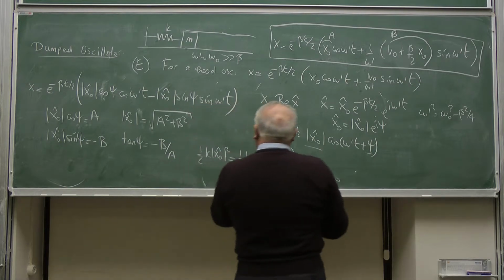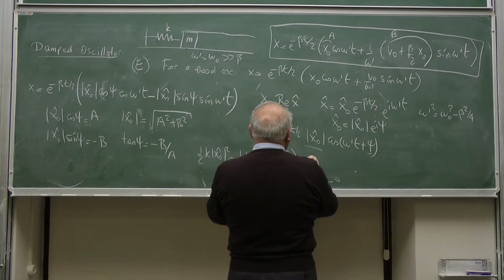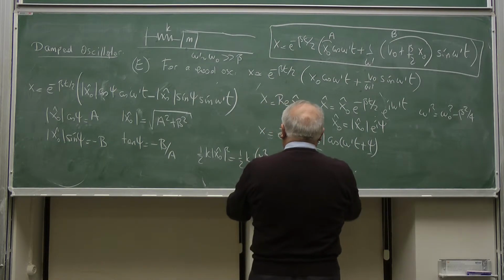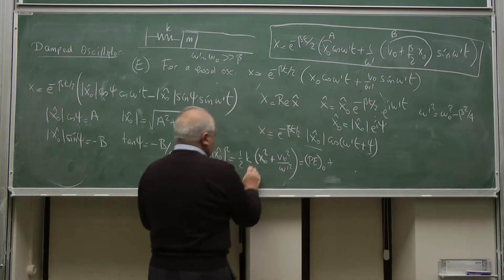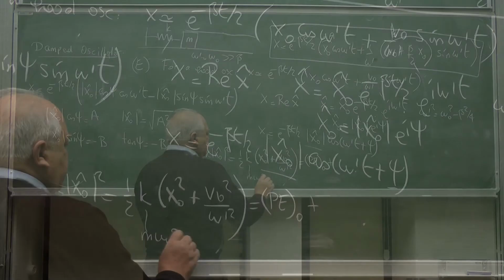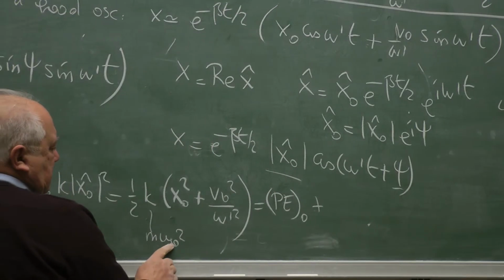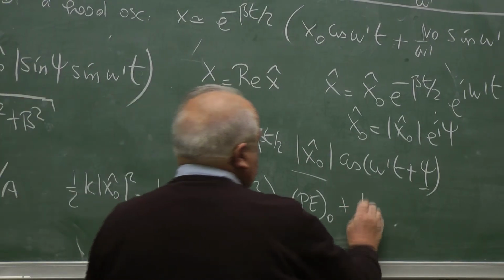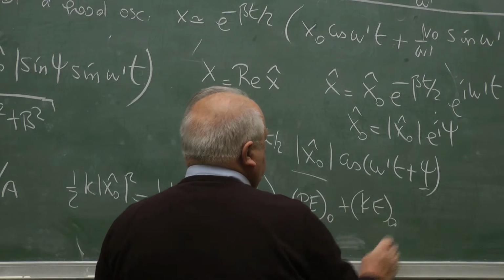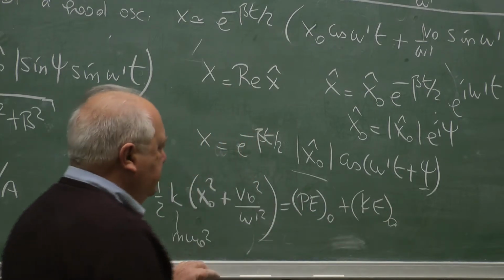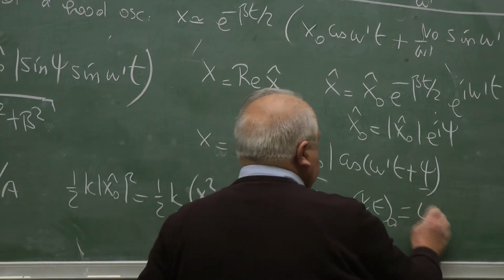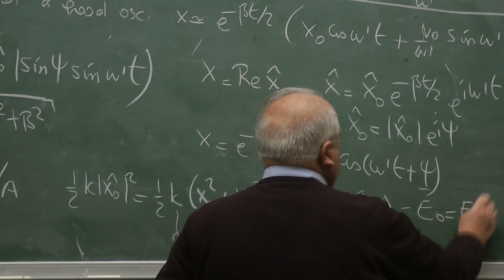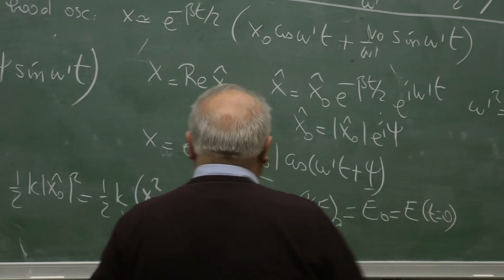So the first part, 1/2 k x0, is the initial potential energy at time equals 0, plus k is m omega 0 square. So we can cancel omega 0 square, omega prime. So it is kinetic energy 0, 1/2 m v0 square. So it is simply the E0, or E at time equals 0.